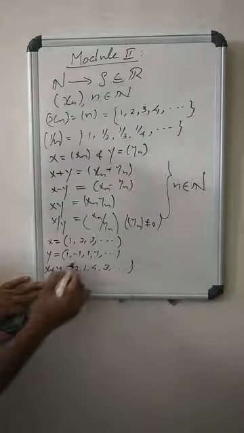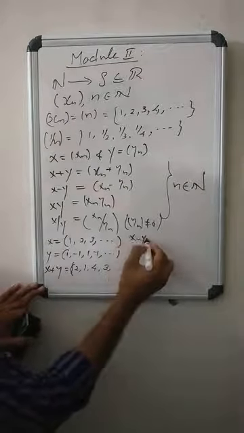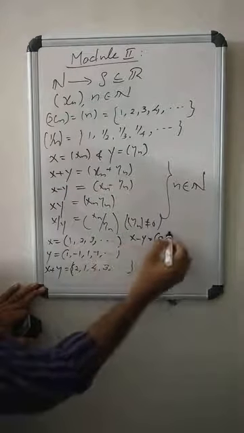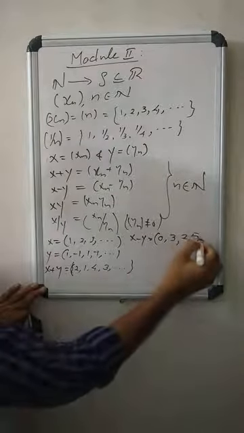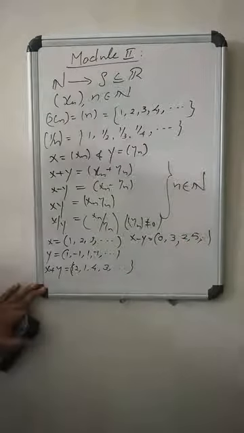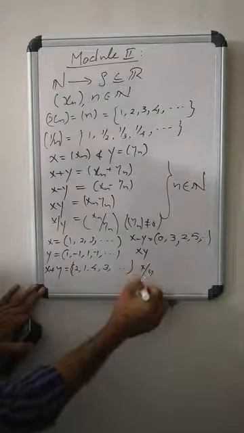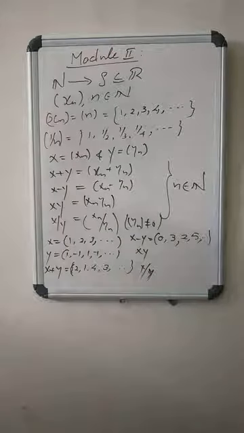So this is x plus y. Similarly, x minus y is 1 minus 1, 0, 2 minus minus 1, 3, 3 minus 1, 2, 4 minus minus 1, 5, etc. Similarly, you can find x into y and x by y.